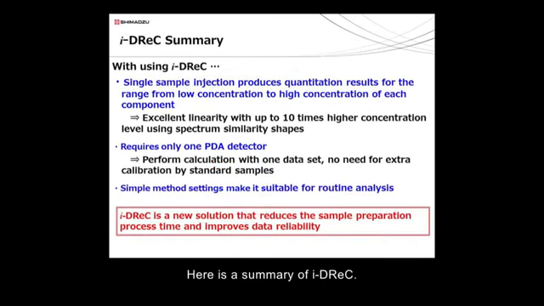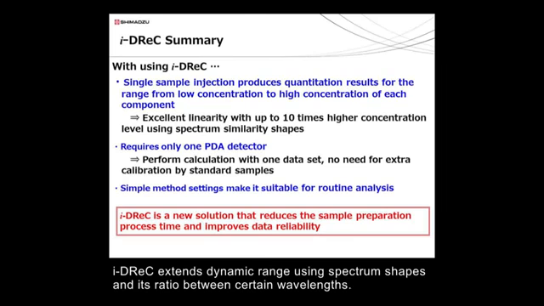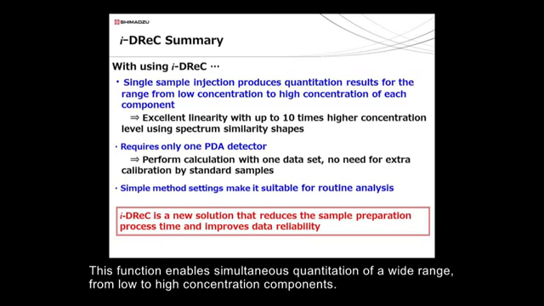Here is a summary of DReC. DReC extends dynamic range using spectrum shapes and its ratio between certain wavelengths. This function enables simultaneous quantitation of a wide range from low to high concentration components.